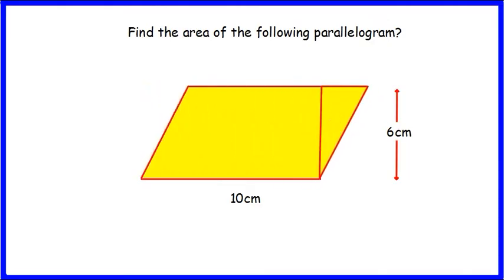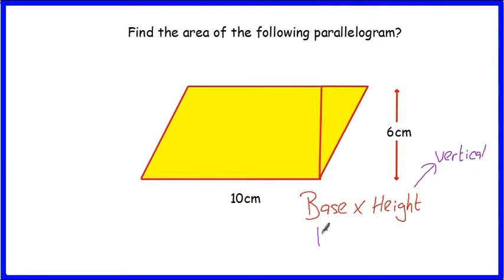So all I'm going to do, instead of length and width, this time I'll go base times height. Now it's important that my height is vertical, and I mean the height that goes straight up, not this distance. So the base here is 10 centimeters, multiplied by the height of 6 centimeters, is 60 centimeters squared.